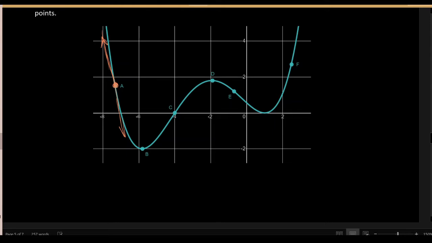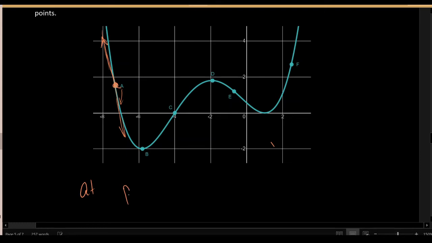Now this line points downward. It has a negative slope because as you increase x, you have to decrease y in order to get back onto the line. So at the point marked A, the slope of the tangent line is negative.